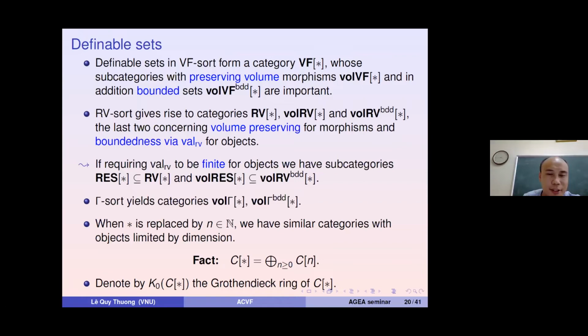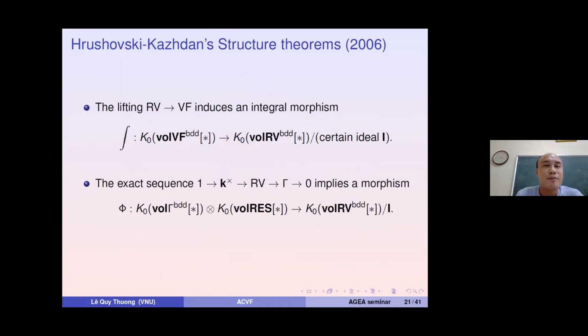And now we denote, for each category C star, by K0 C star the Grothendieck ring of C star. And now in the theory of Hrushovski-Kazhdan, we are interested in some structure theorems.